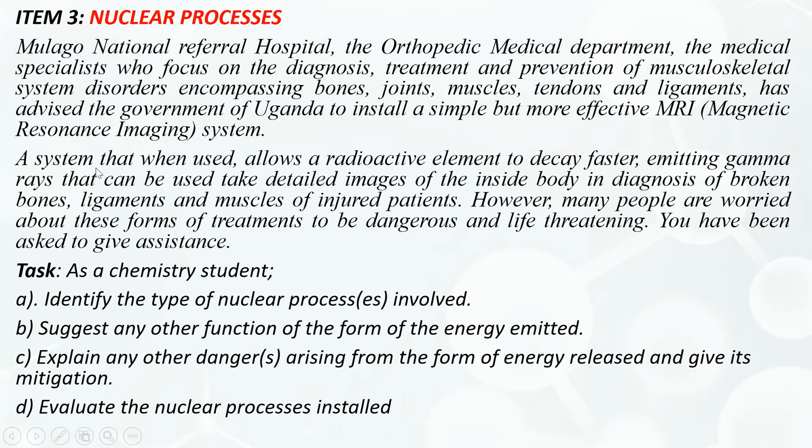A system that, when used, allows a radioactive element to decay faster, emitting gamma rays that can be used to take detailed images of the inside body in diagnosis of broken bones, ligaments, and muscles of injured patients.